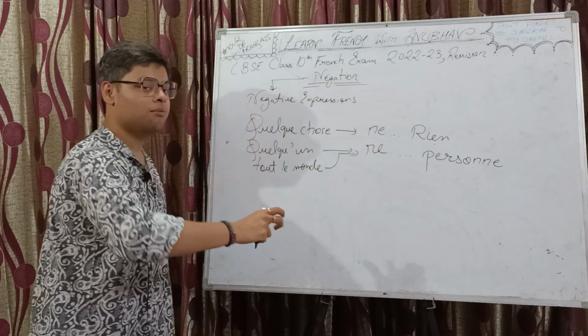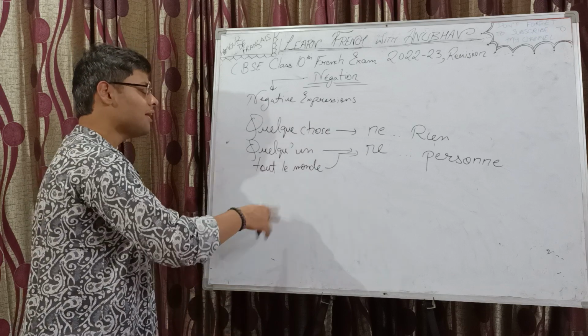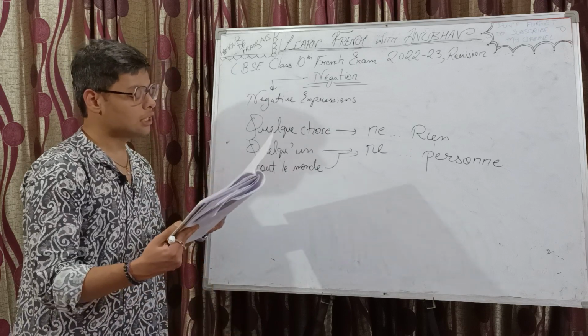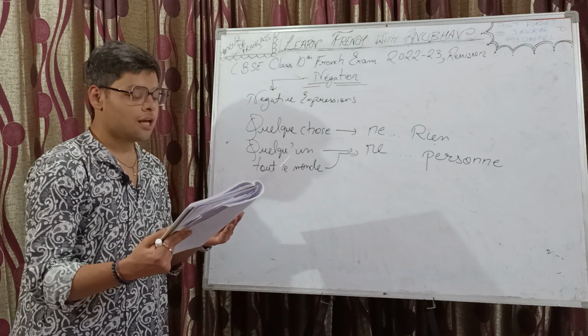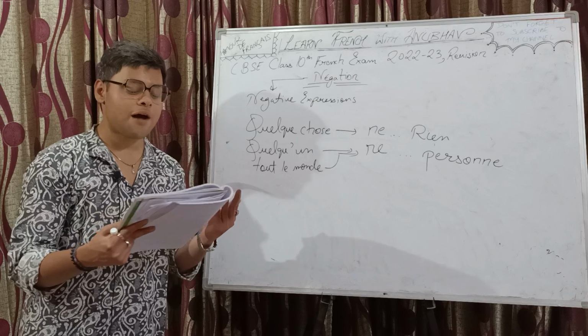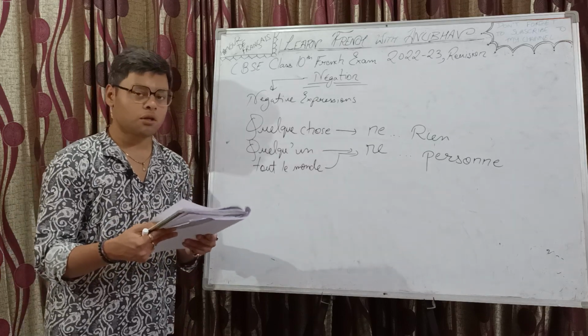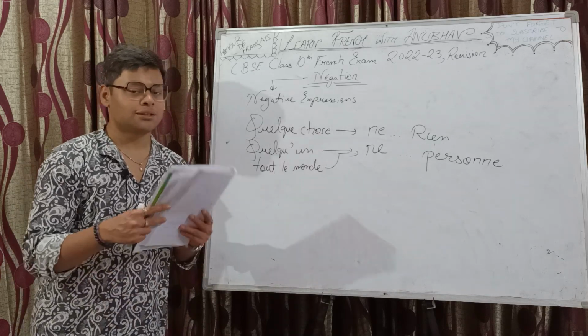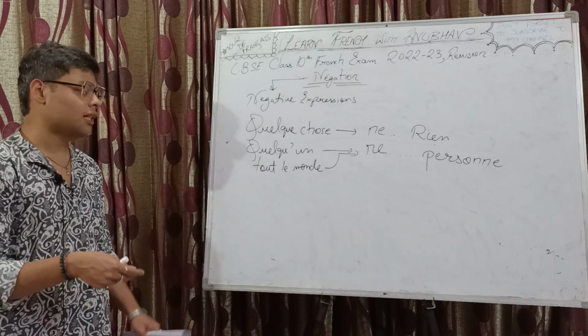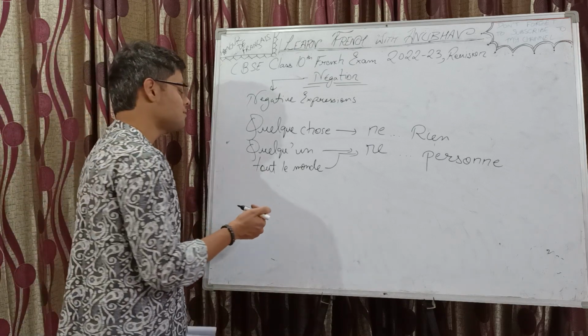Rien, then the verb, then the rest of the sentence. Now this thing will get clear. Maybe I have not taken an example sentence in this video, but in my question answer discussing video on negation, I will be discussing one or two questions like this as well. So there I will be telling you this thing in detail. Right, so quelqu'un, tout le monde, we have ne personne.